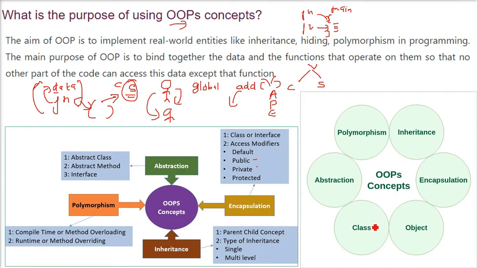Along with this, you have class and the object. These are very important because class is the main frame, and everything comes to or is given to an object, and an object can do everything which a class has been made for. So that is why we are using OOPS.